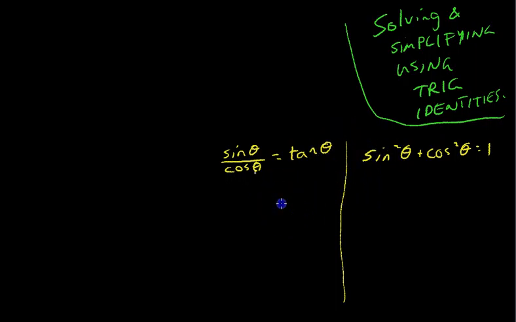So you could also say that sine theta over tan theta equals cos theta. And although you wouldn't use this one that often, you could also say that sine theta equals cos theta times tan theta.